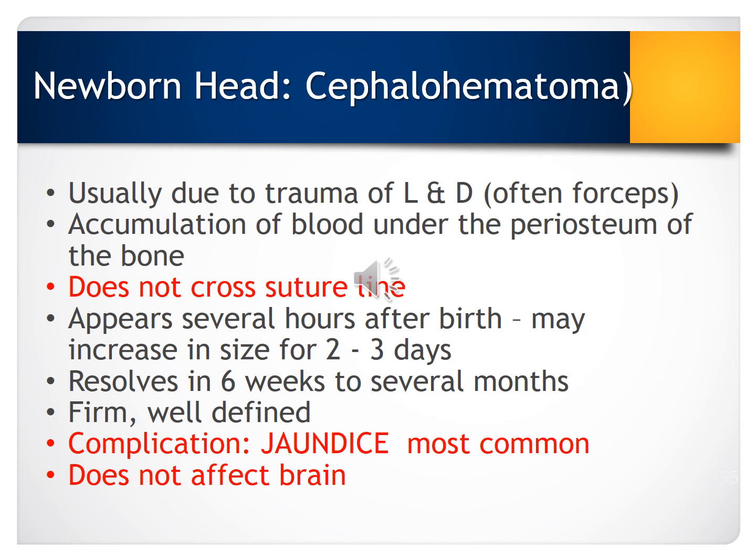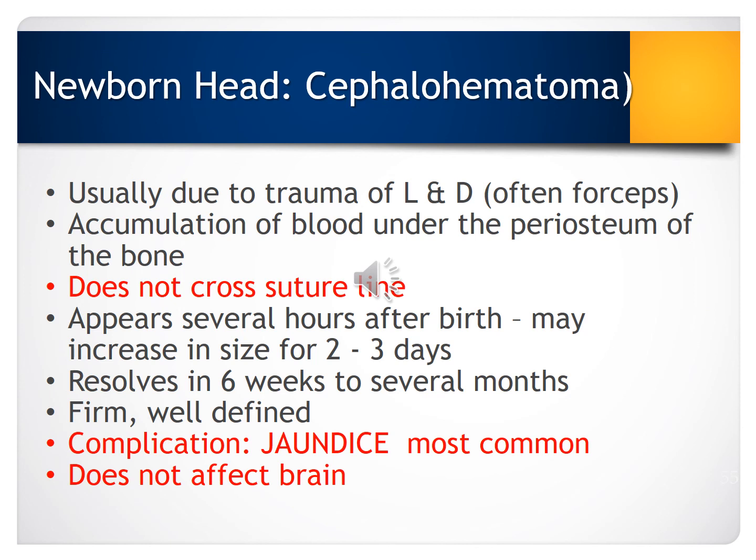So it's extremely important to know that differentiation: cephalohematoma is an accumulation of blood, whereas caput is an accumulation of fluid, and both will be reabsorbed. However, with cephalohematomas we have the potential for jaundice, not physiological jaundice, but pathological jaundice.